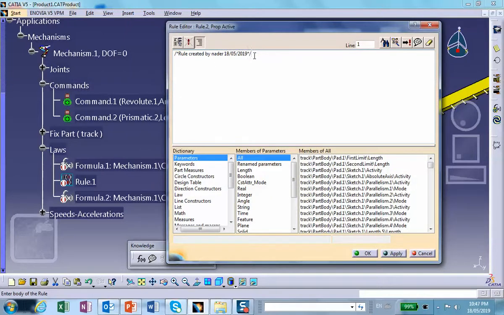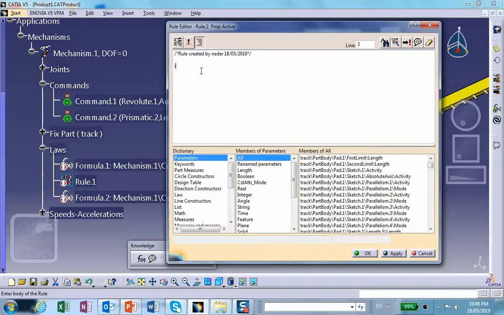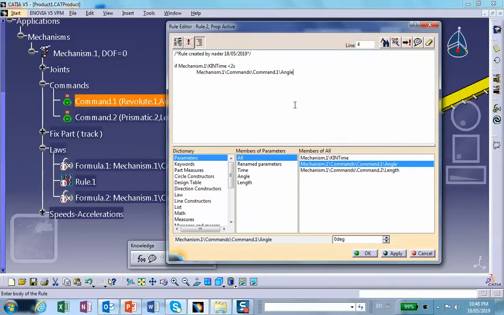So if you look at this figure here, the figure on the right side in the bottom, you use that information. If time is less than, I think it is 2 seconds, the angle equal to, well, if you look at that, it's 180 degrees in 2 seconds. 180 degrees in 2 seconds divided by 2 seconds, or I can write 90 in 1 second.